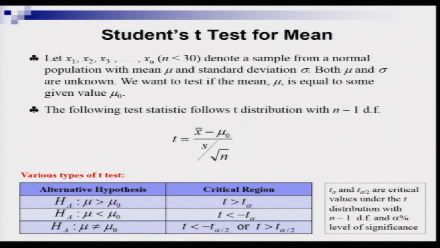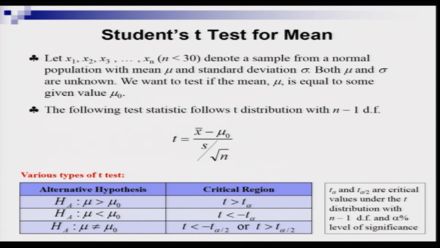That is the only difference you have to remember: you are not going to use the Z critical values, you are going to consult the T table and come up with T critical values. Otherwise the test works in exactly the same fashion as we have studied the Z test.